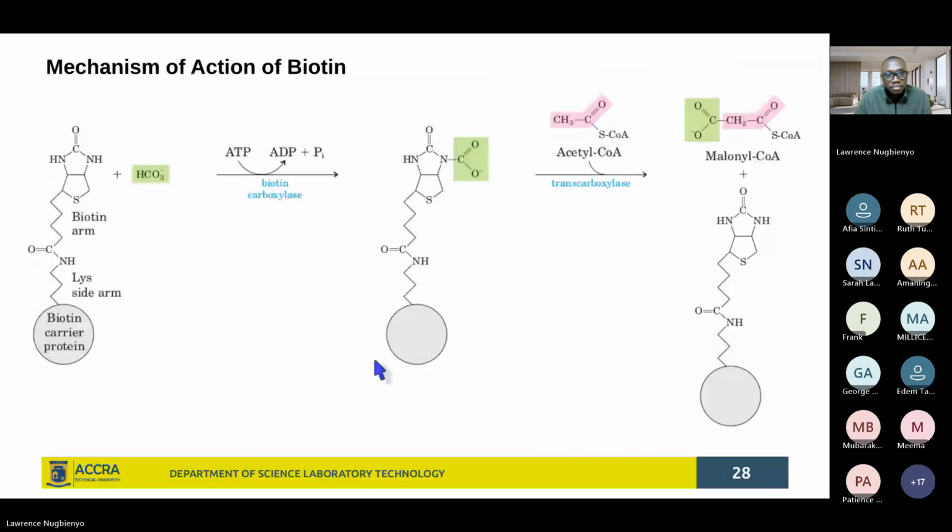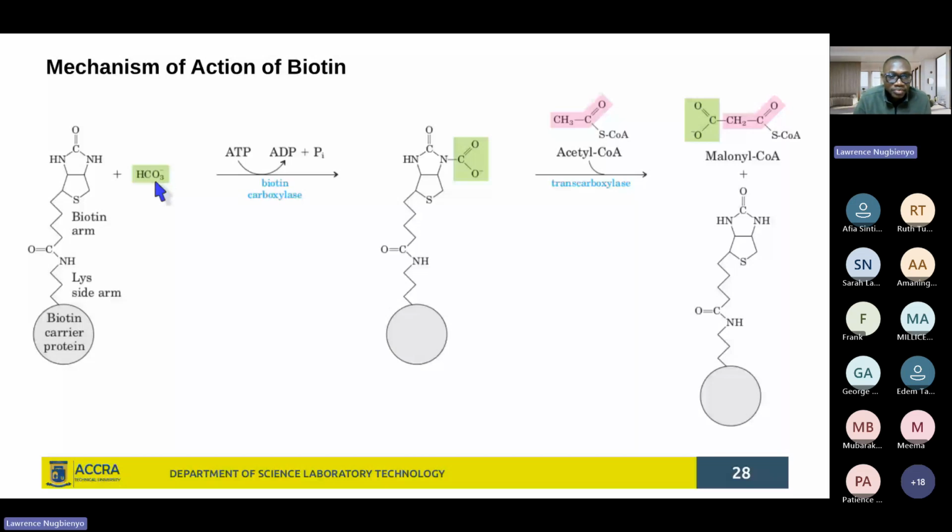All right. How does biotin do that? So this is the biotin, the two-ring structure fused. What you see here, biotin carrier protein, is only depicting the enzyme onto which the coenzyme is bonded. And you see this is the bicarbonate, what we were just looking at in the previous slide.